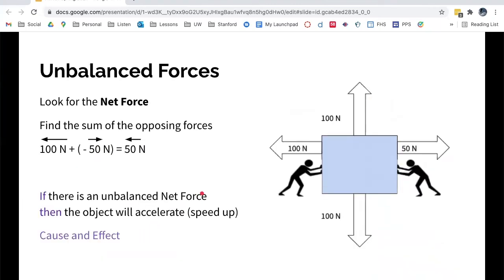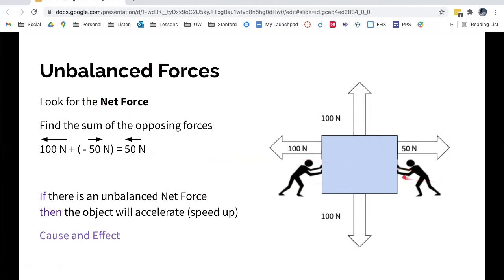But forces are not always balanced. So let's again look at the net force in this scenario. The up and the down net forces are balanced out. The net force of up and down cancels itself out. But these two individuals pushing on opposite sides, those are unbalanced.